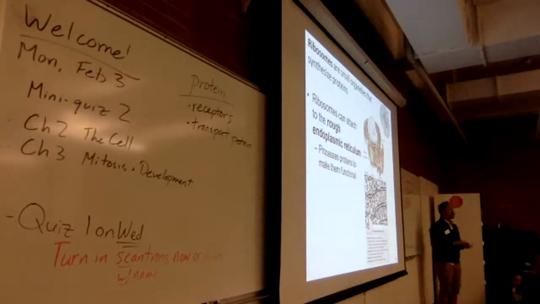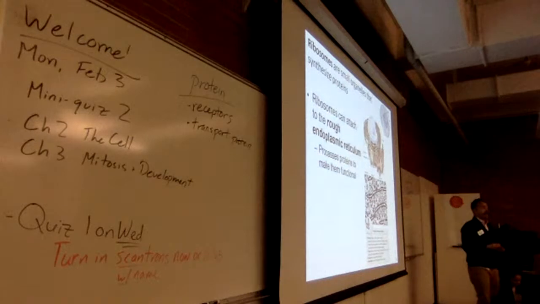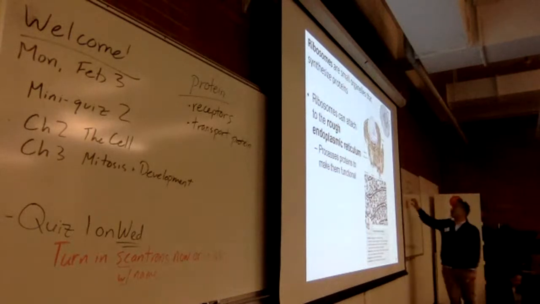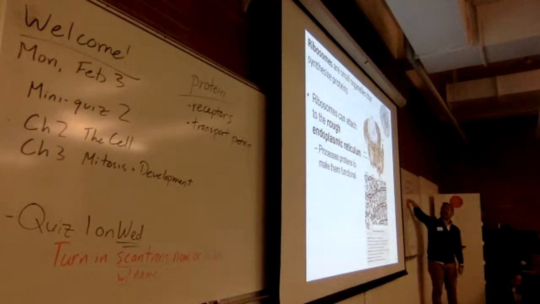So think of ribosomes as your workbench in the factory. They're your assembly workers, putting things together based on instructions. RNA starts in the nucleus, this is where it's made, and then it comes out of the nucleus and makes its way to ribosomes.